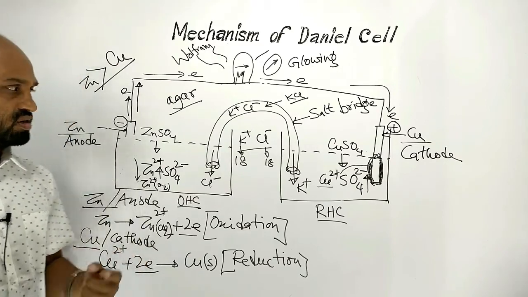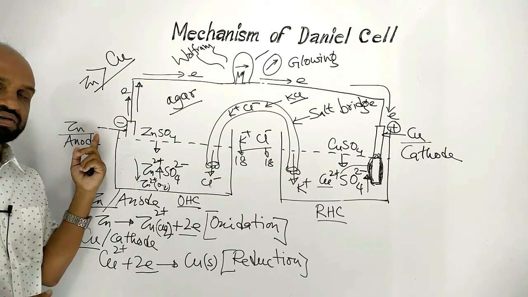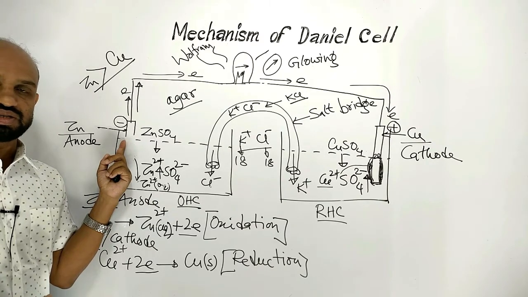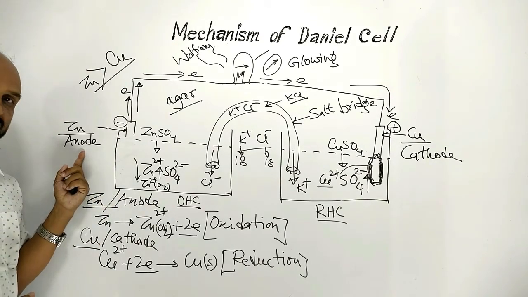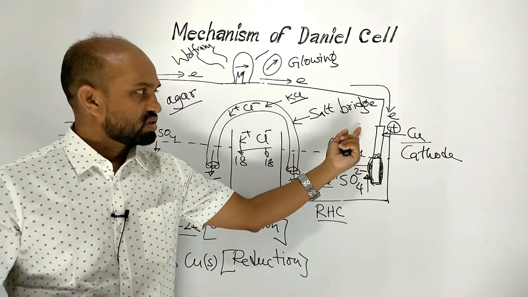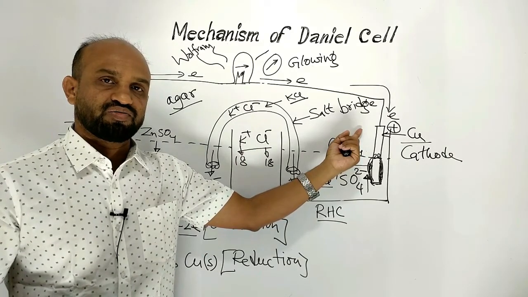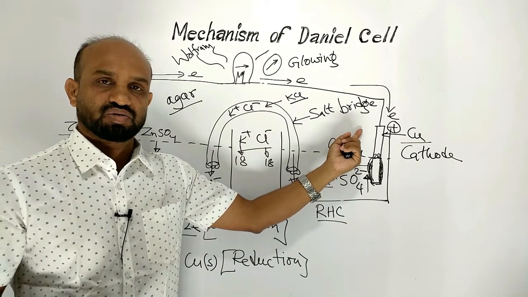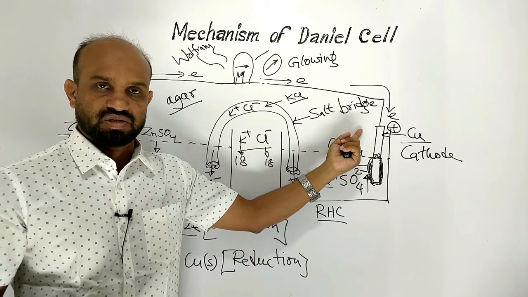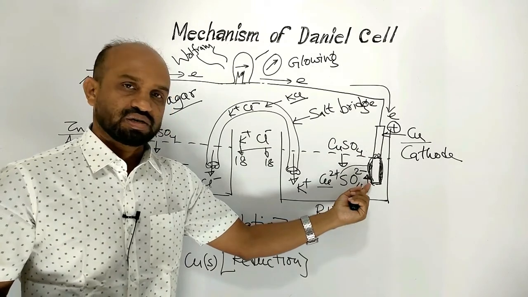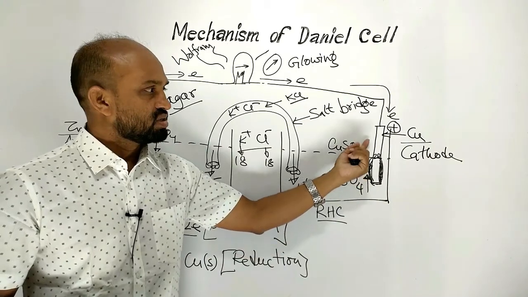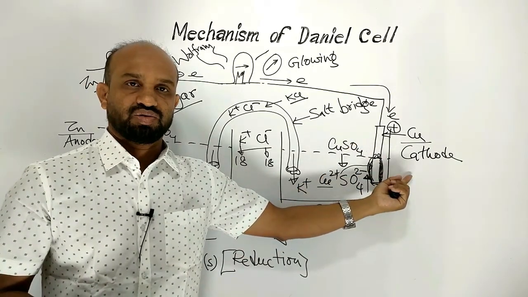In the Daniell cell, the zinc bar, which is negatively charged because of the production of electrons here, acts as anode because here oxidation happens, and as electrons are flowing towards the copper bar, it is indicated by positive charge, and here reduction happens. As reduction happens here, this copper bar is called cathode.